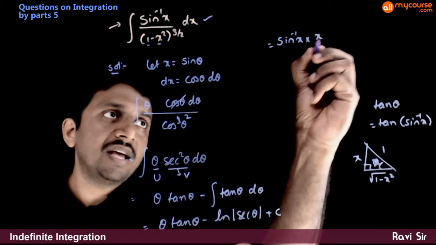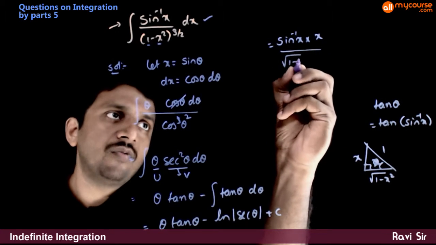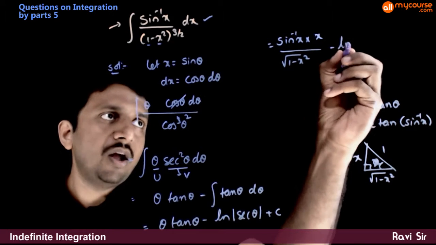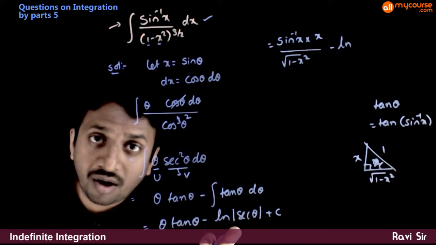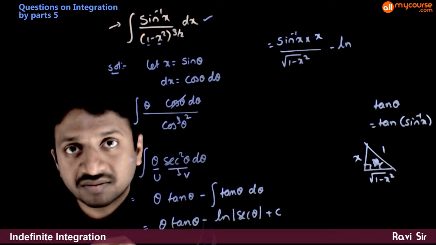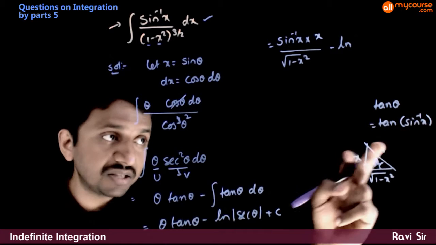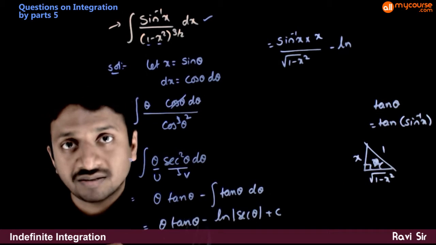So this becomes x by root of 1 minus x square, minus log of mod of secant of sine inverse x. So sine inverse x can be written as secant inverse of 1 by root 1 minus x square.